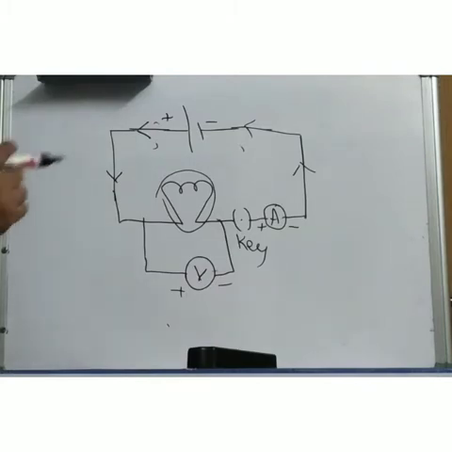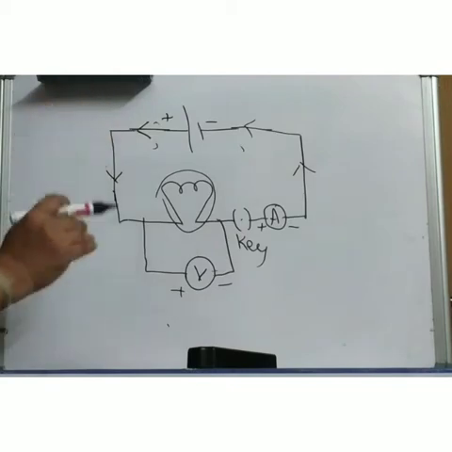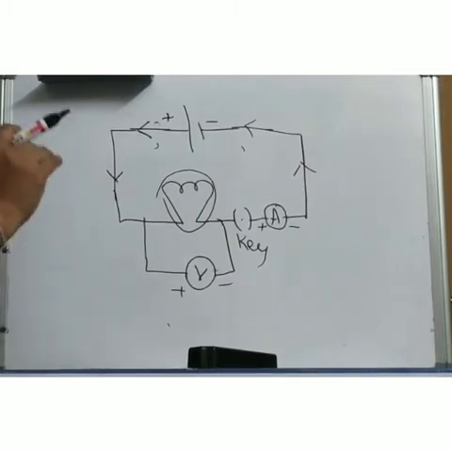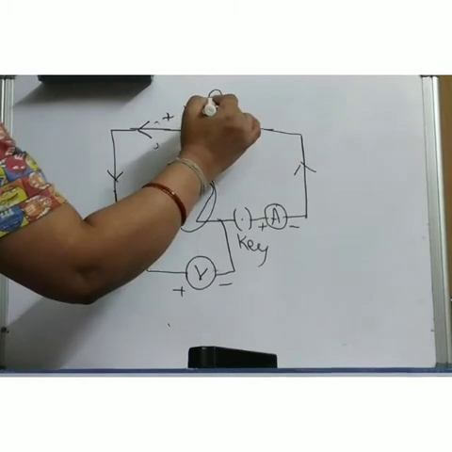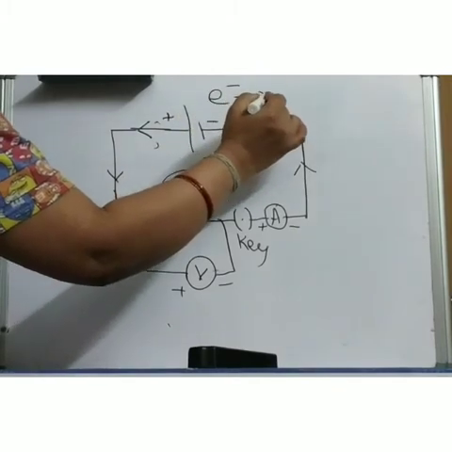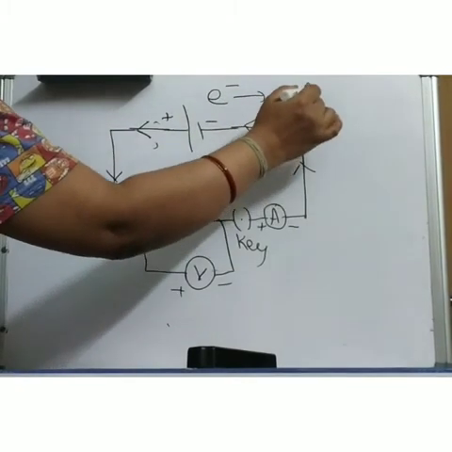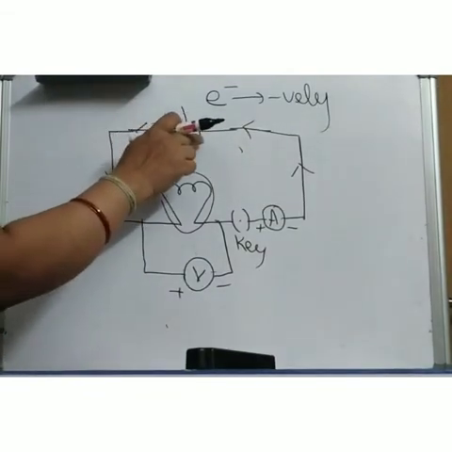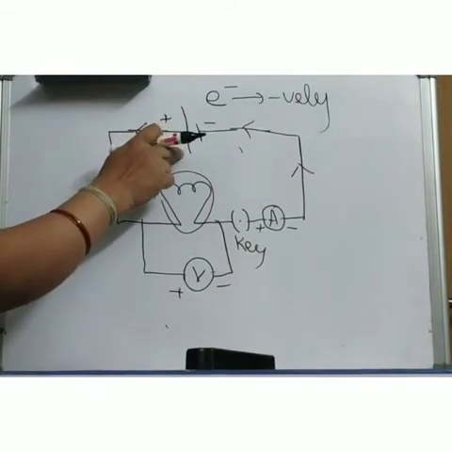We know that electrons are responsible for current flow. They are the charge carriers which move so that current will flow. And we know electrons are negatively charged. So this is your negative terminal, this is your positive terminal.